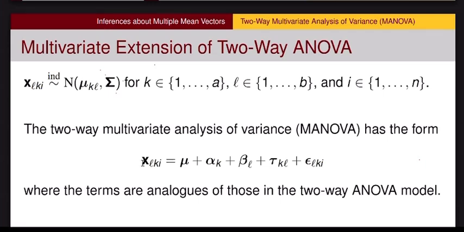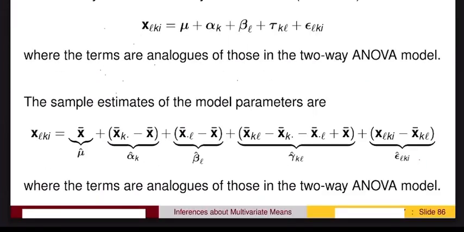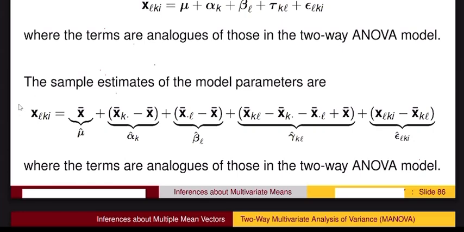Now, this is going to be the model for the two-way. So many variables are involved. And this is the decomposition of the vector. This is going to be a vector. Don't forget, we're decomposing the vector x. The vector x contains the plant height, the root weight, and the number of leaves.